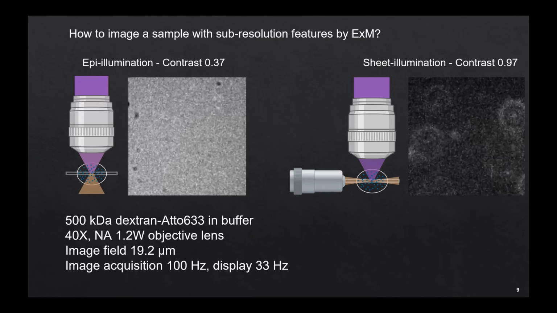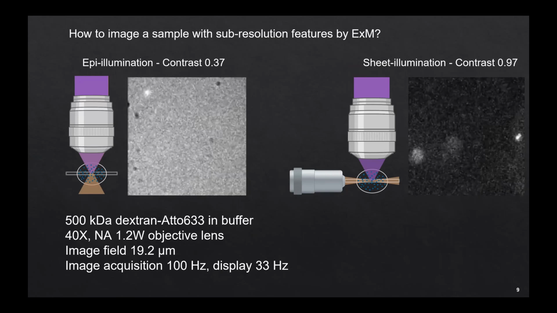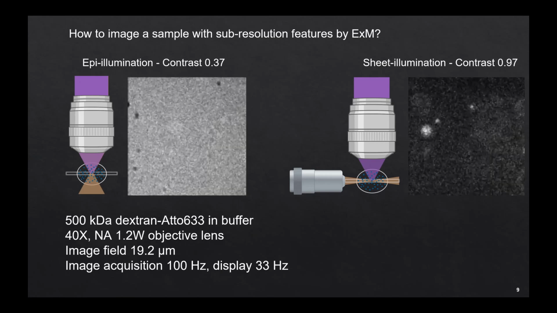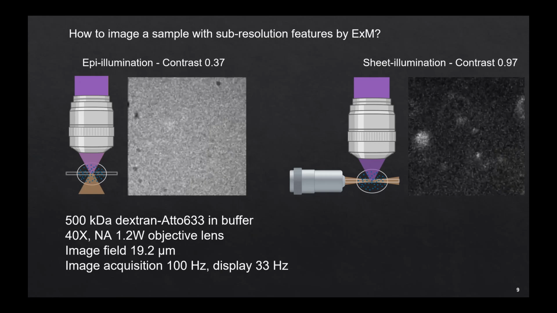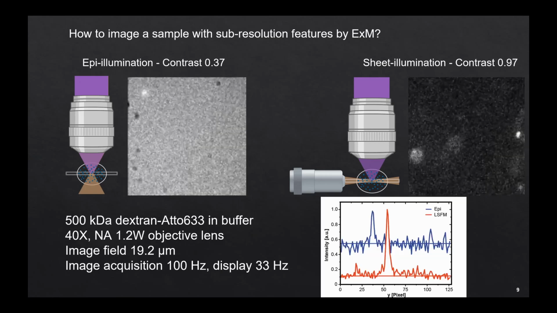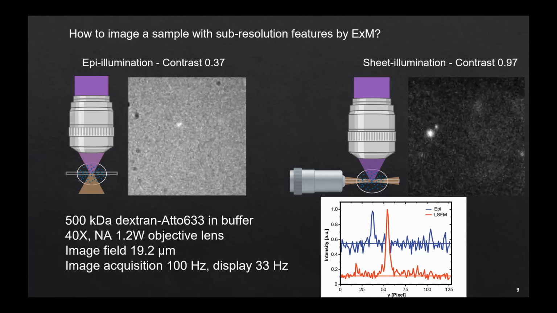On the other side, we can see what is happening with light sheet. Where we have just one plane of illumination, we can clearly see the molecules. We can even see these Airy patterns when they move out of the focal plane. So when we compare these two types of illumination, we can see that we have a higher contrast.